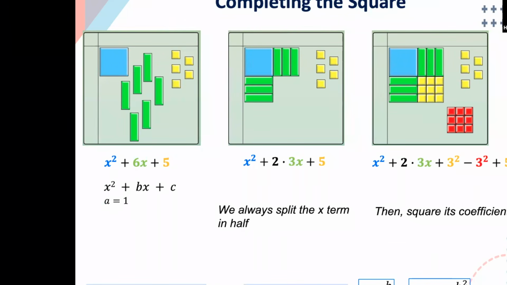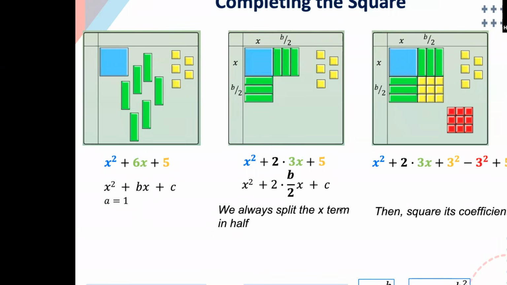For example, in general terms, we have x squared plus bx plus c when a is 1. Through our experience, we learned that we always split the x term in half. And I rewrite the general term by applying what I learned. So we can apply this procedure, splitting the x term in half, into the general equation like this.